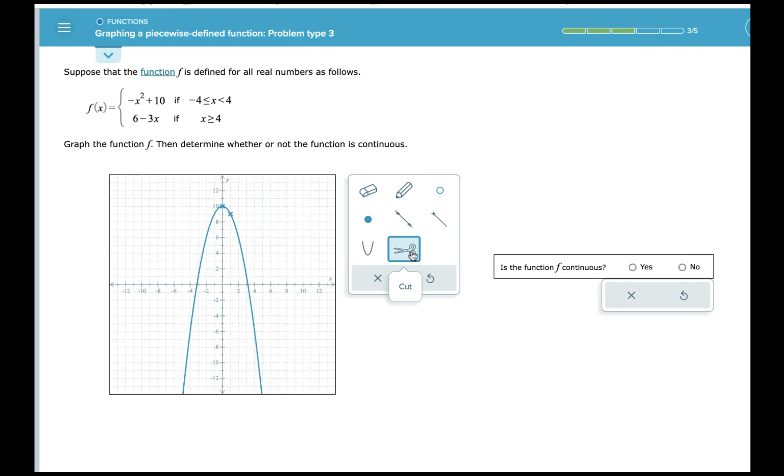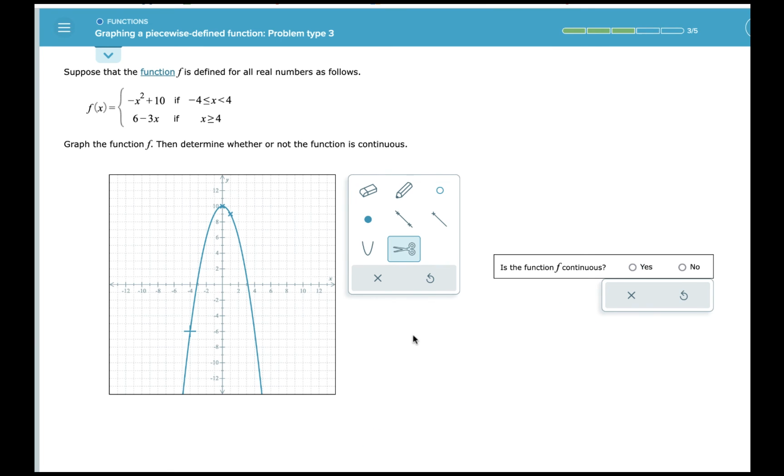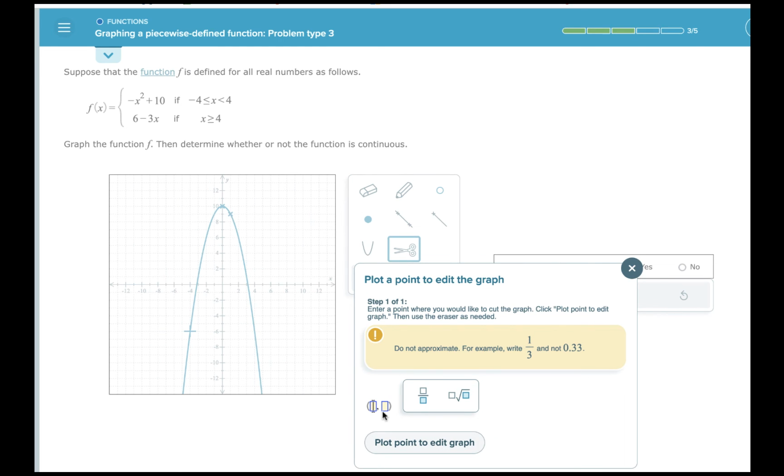Like I said, I'm going to have to cut this twice. So I'm going to grab the scissors. If I plug negative 4 into this, negative 4 squared is 16. Then I have the opposite of 16. And so I add 10 to negative 16, and I get negative 6. So I have the point (-4, -6). And I can do that again. I'm going to plug in 4 this time.